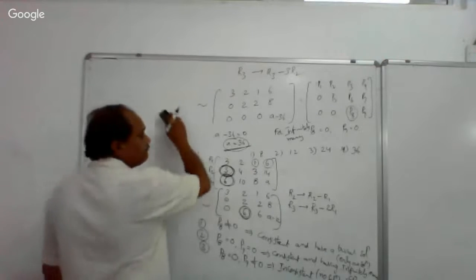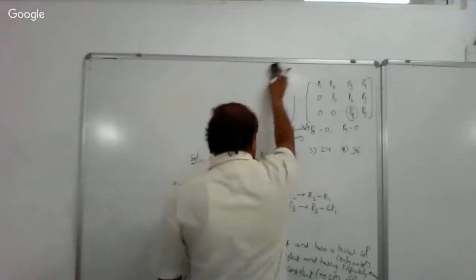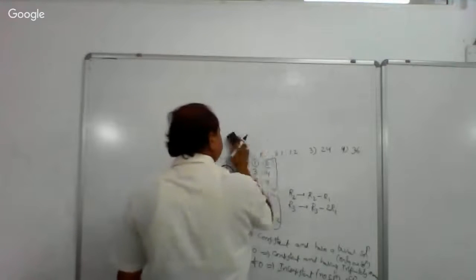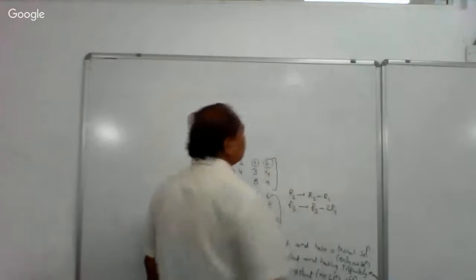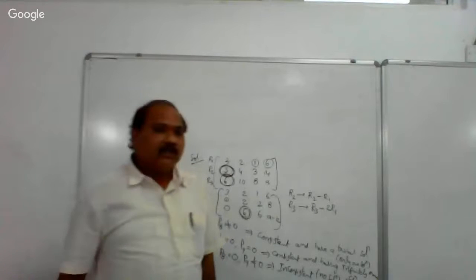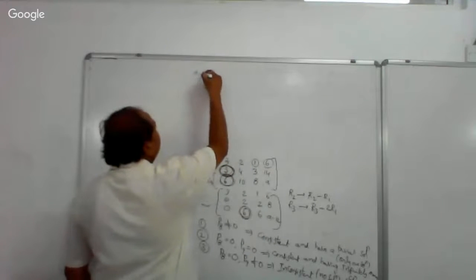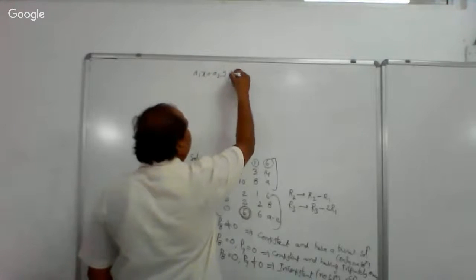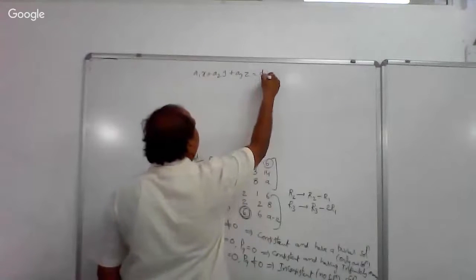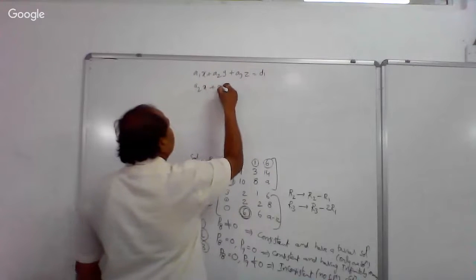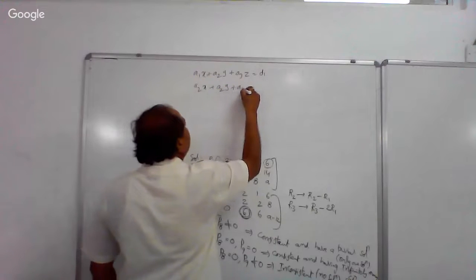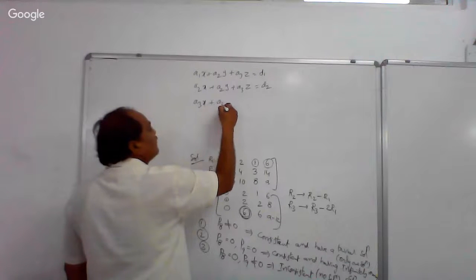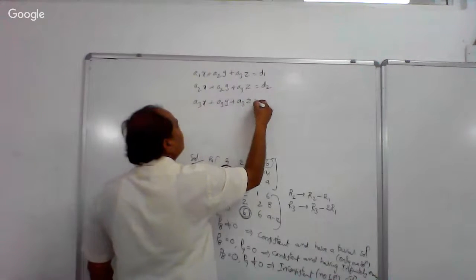Now, look at generally the system of equations as a1x plus b1y plus c1z equal to d1, a2x plus b2y plus c2z equal to d2, a3x plus b3y plus c3z equal to d3.